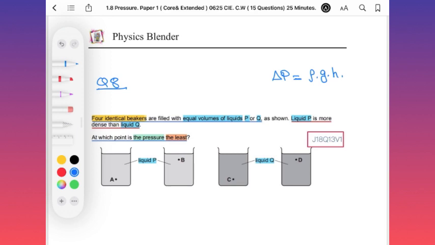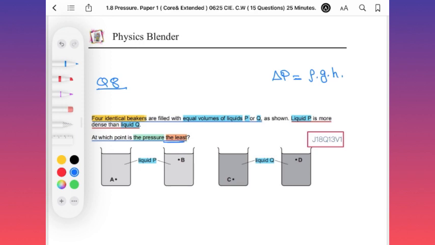So here, at which point the pressure is least? Least pressure, so you have to compare density. So less dense liquid, its pressure will be less. And if we have shallow depth, also the pressure will be least. So which liquid here is less dense?